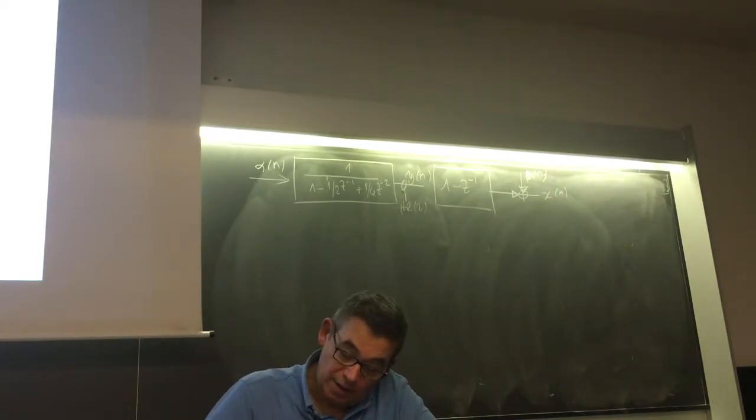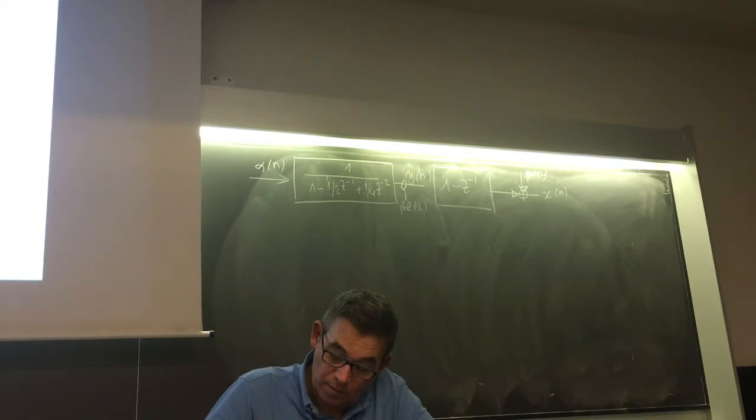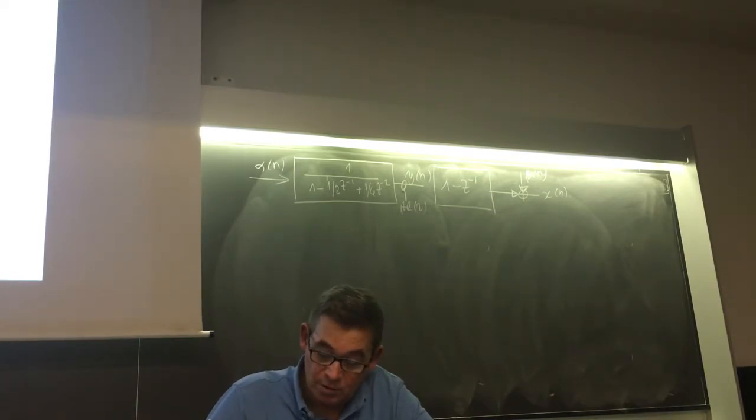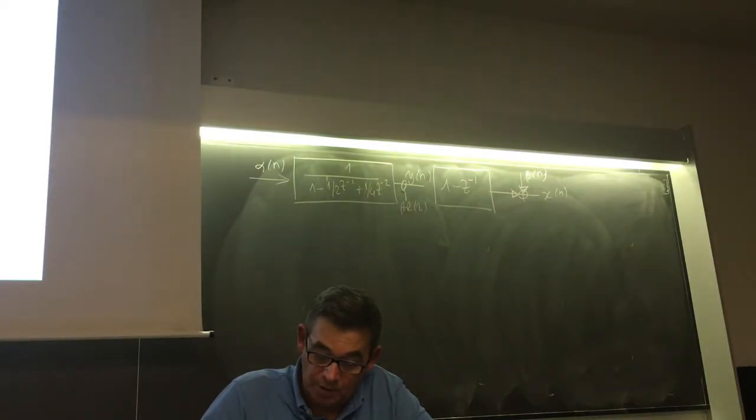Then I collect R0, R1, R2, these are my unknowns, and then I have a known term which is 1, 0, 0.